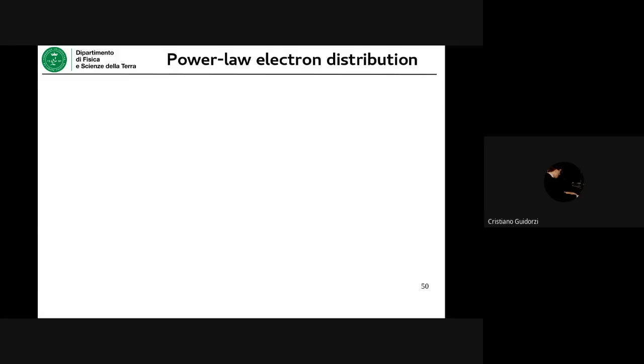And you might wonder, what's the final distribution of the electron's energy? Is that a thermal distribution? Well, the answer is power law.